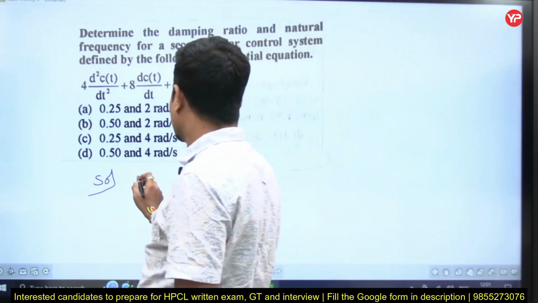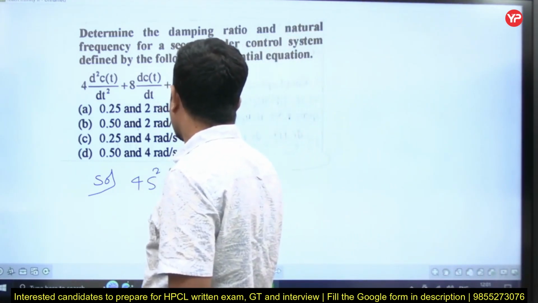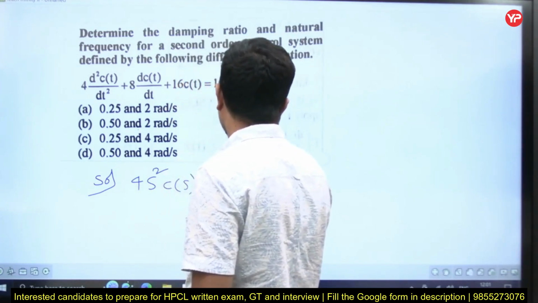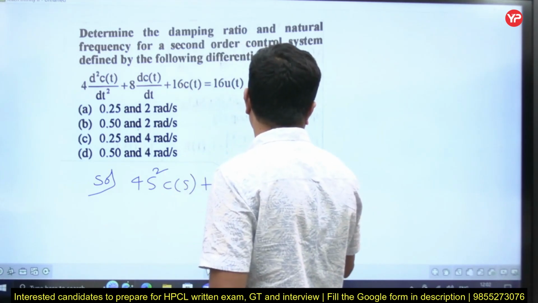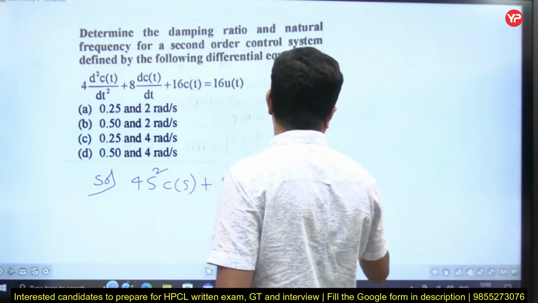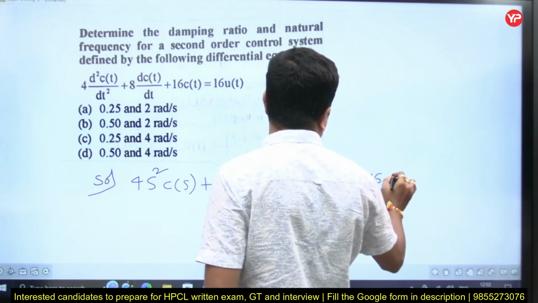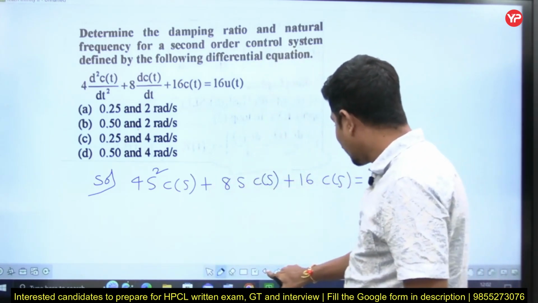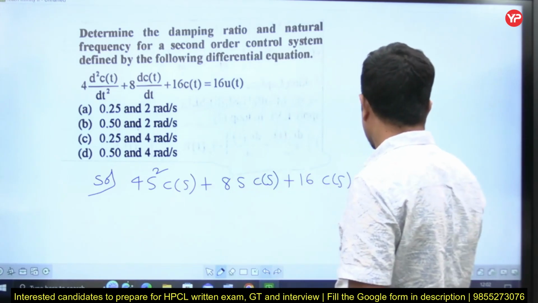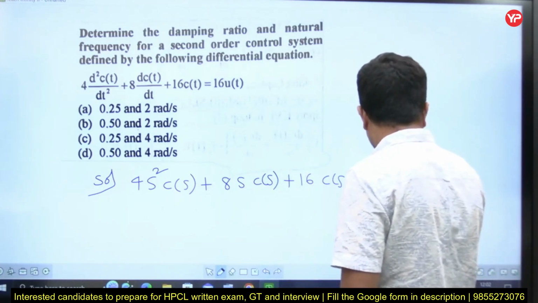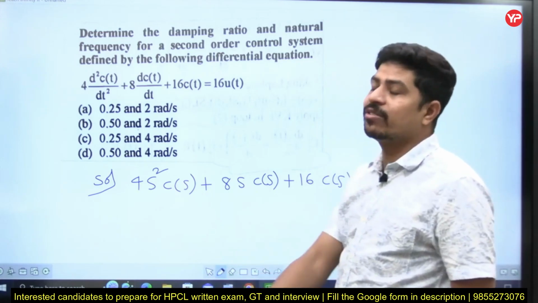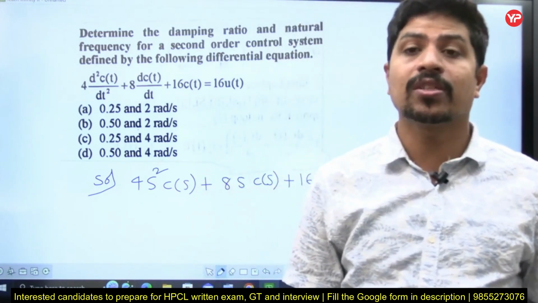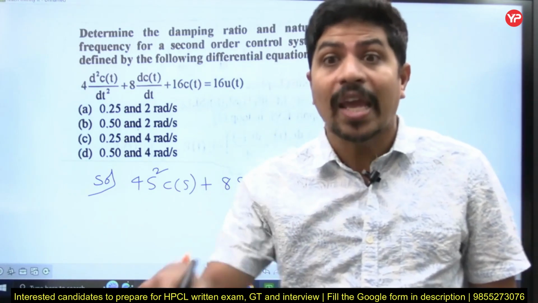If I apply Laplace transform, this is 4s square C(s) plus 8s C(s) plus 16 C(s) is equal to 16 into 1 by s. But I keep it as U(s) only, because I need the transfer function. I don't want the output here. What is transfer function? Laplace transform of output by Laplace transform of input.